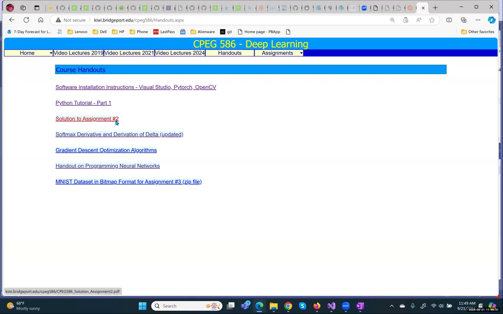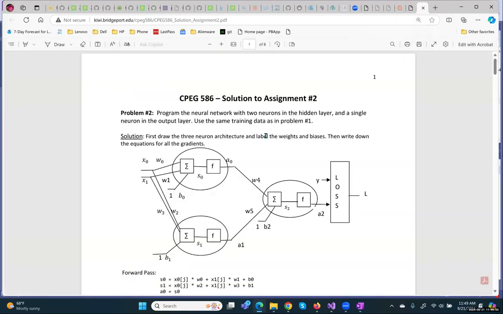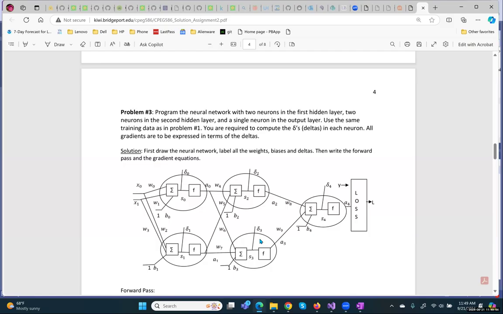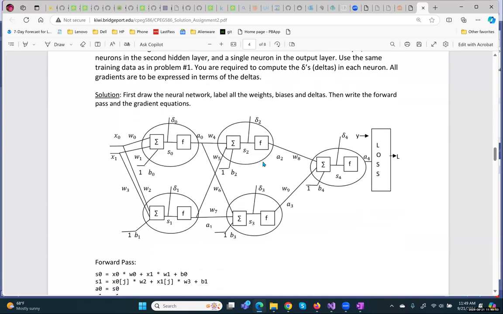So anyway, if I take you to assignment 2, you will see you'll be programming the 3 neuron network. Then you'll be programming the 5 neuron network, right? We already discussed the 3 neuron network. Let's take a look at the 5 neuron example. It's already on the website under the handouts, on the course website. The picture is very neat and clean, so we can easily understand this.